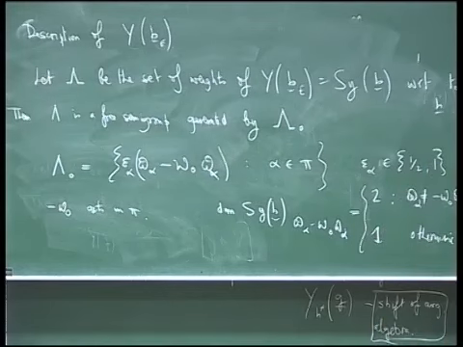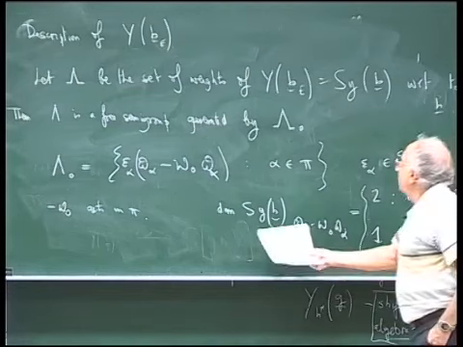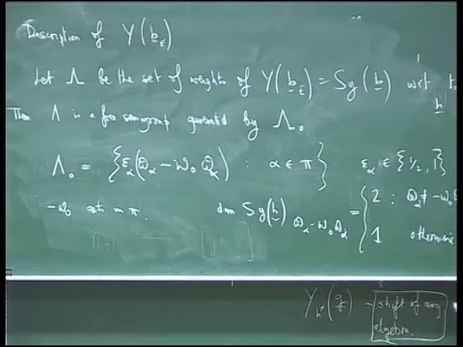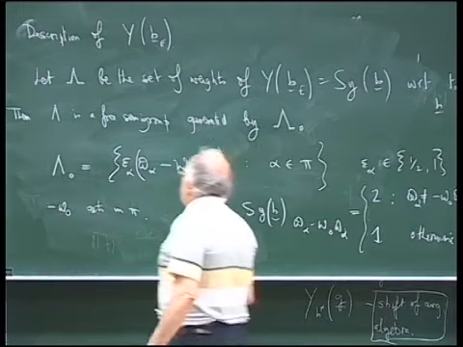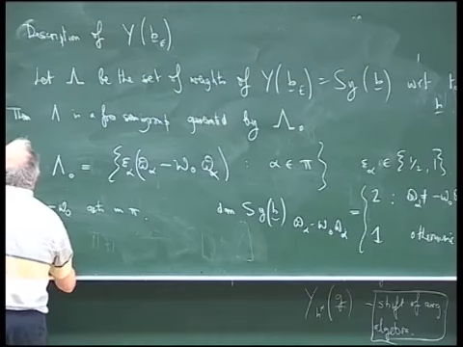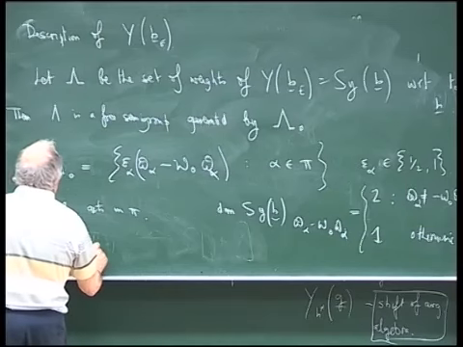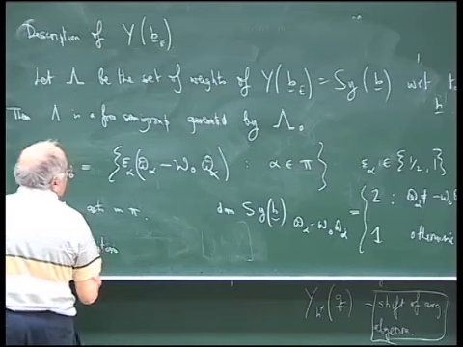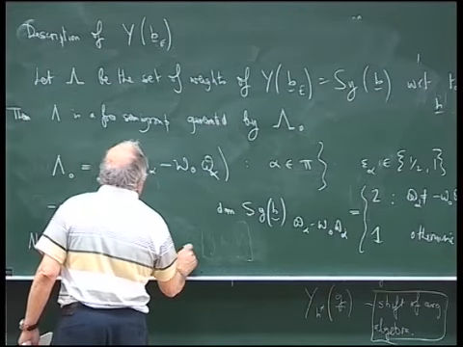So if you like, the number of generators of S of y of b is going to be 2 whenever the weights coincide, but is 1 otherwise, which means that the total number of generators is exactly the rank. So it means that the number of generators equals the rank of G.